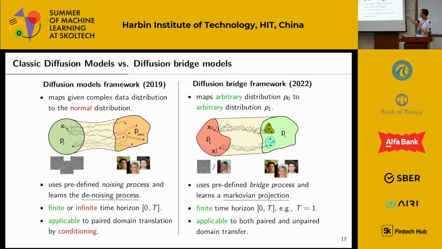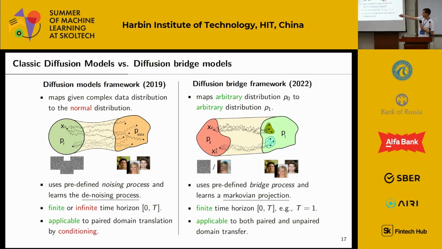The framework of diffusion bridges is more general because it allows learning diffusion processes between arbitrary data distributions. It is not necessary for one of these two distributions to be a white noise or normal distribution.